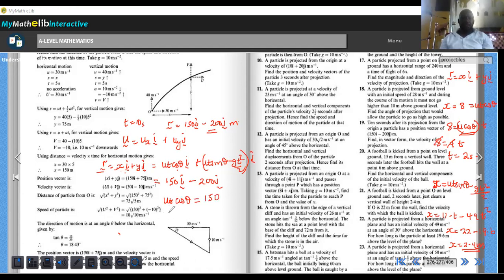Then you can also extract out and say ut sin theta minus gt squared over 2 is equal to negative 200. Then we simplify.